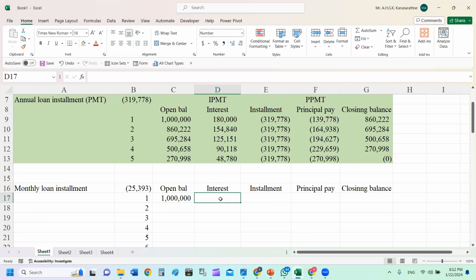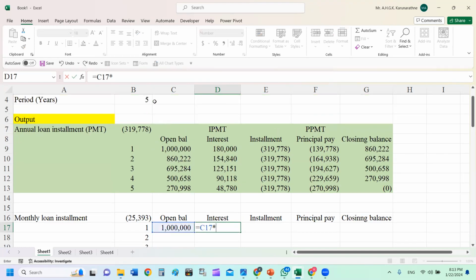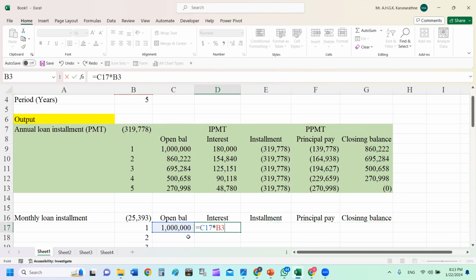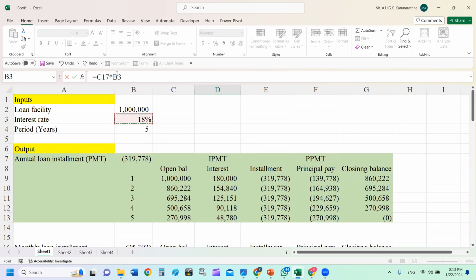After 1 month, the bank will charge interest based on the open balance multiplied by the interest rate. This is your annual interest rate. On the open balance, they won't charge 18% for 1 month. This is for annual interest. So, right, make this first fixed.